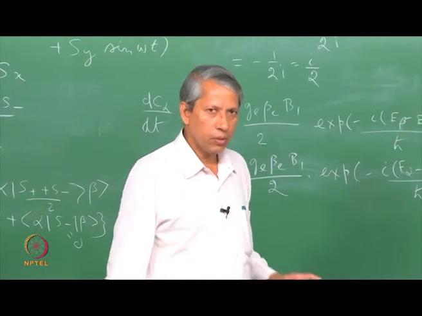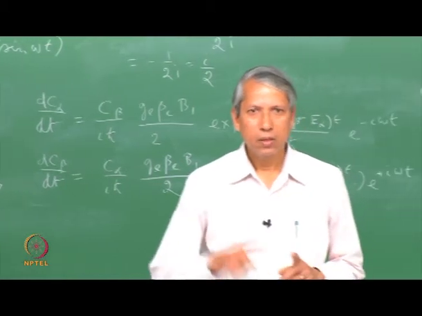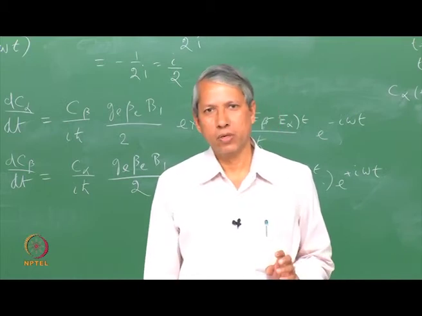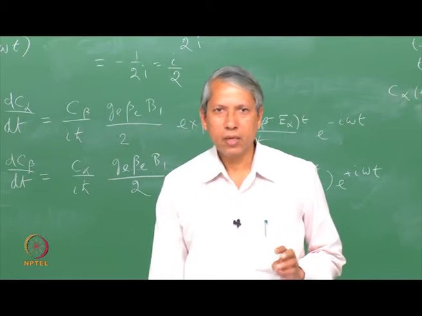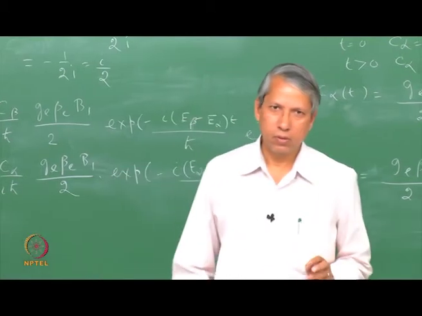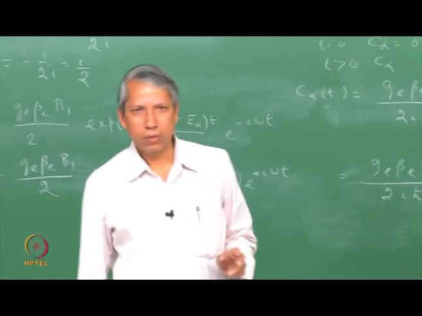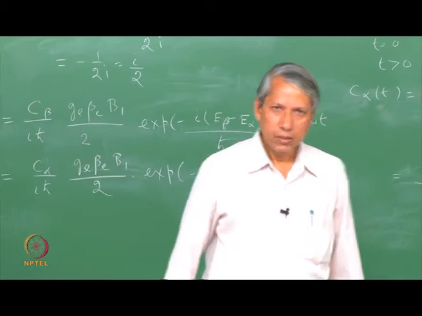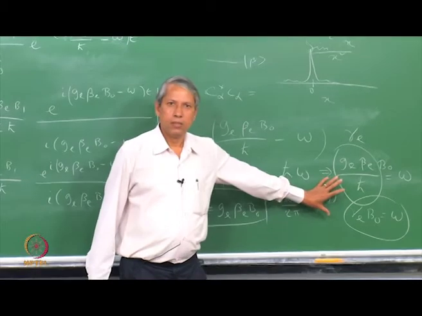Larmor precession involves knowing the direction of the angular momentum or the magnetic moment in some absolute fashion, that is, I must know all 3 components x, y and z of the magnetic moment, then only the precession can be visualized. But quantum mechanics says that is not possible. We can only get one component of the angular momentum or the magnetic moment and the total magnitude of the angular momentum. That is the description that we have used here, but the ultimate conclusion is just the same.